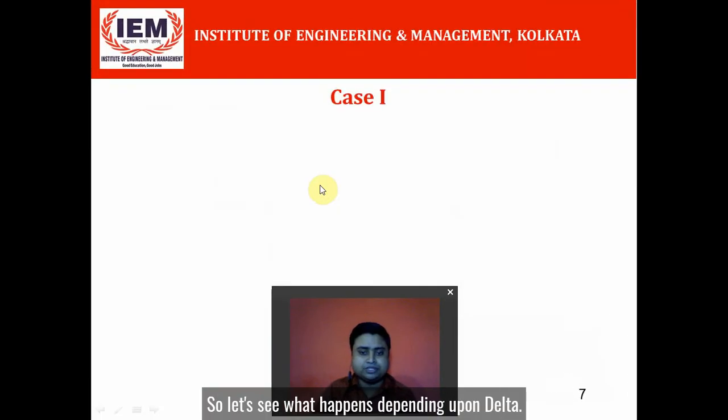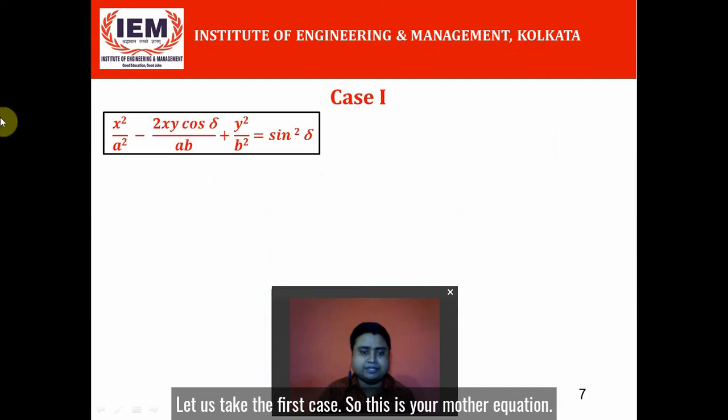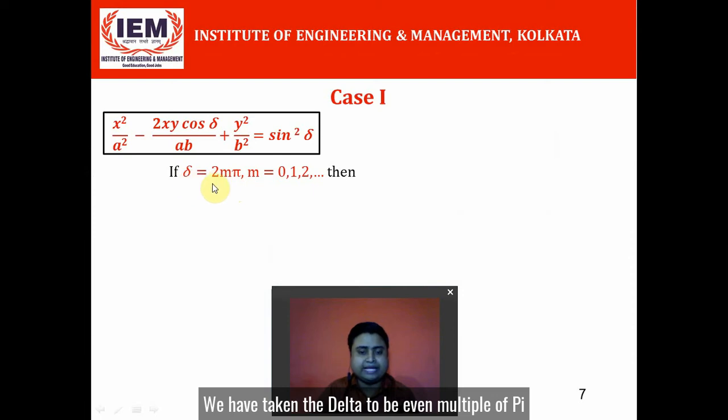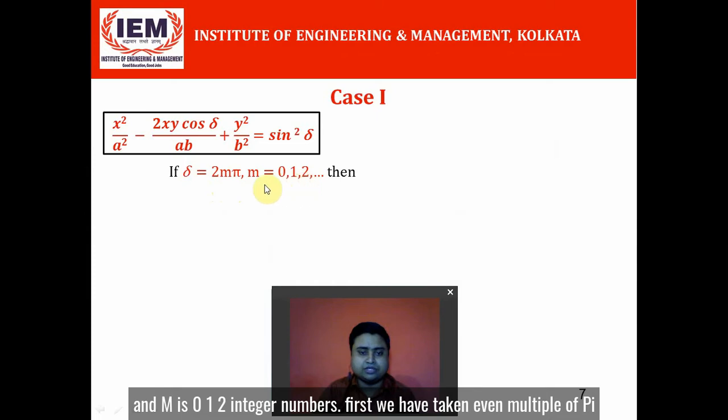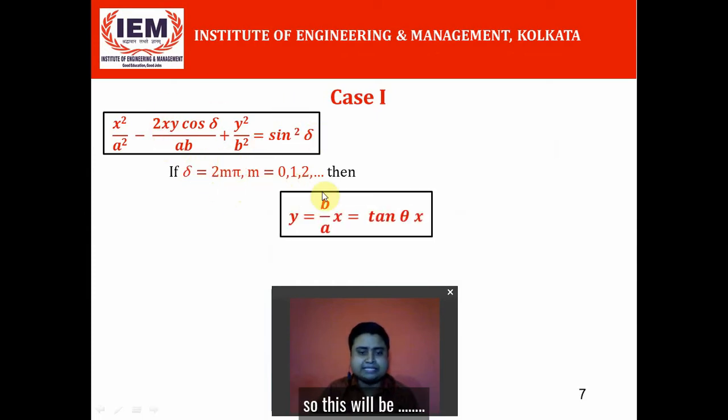Let's see what happens depending upon delta. Let us take the first case. This is your mother equation. We have taken delta to be an even multiple of pi, 2m pi, where m is 0, 1 or an integer value. This will be simplified to y equal to (b by a) x, or tan theta times x.